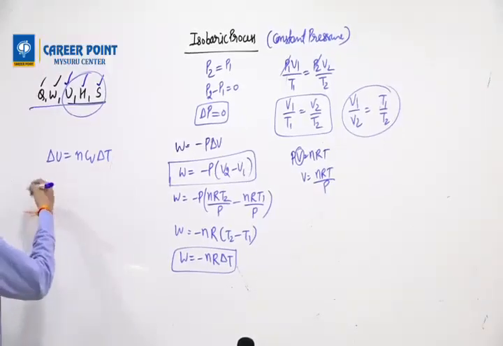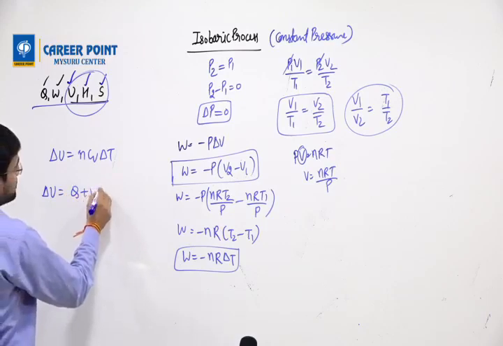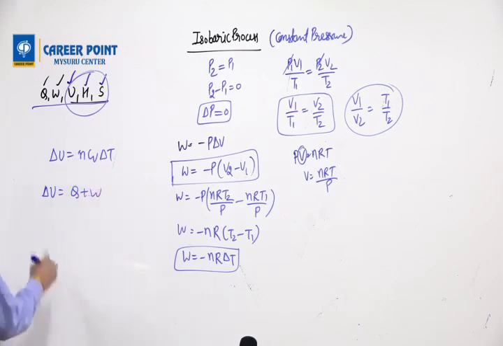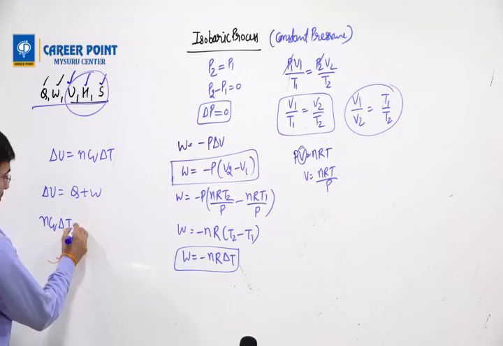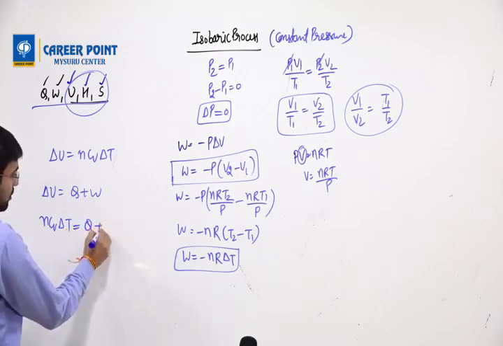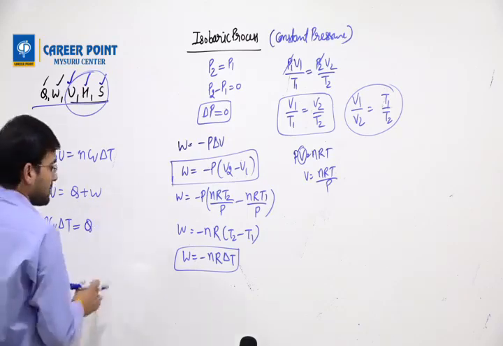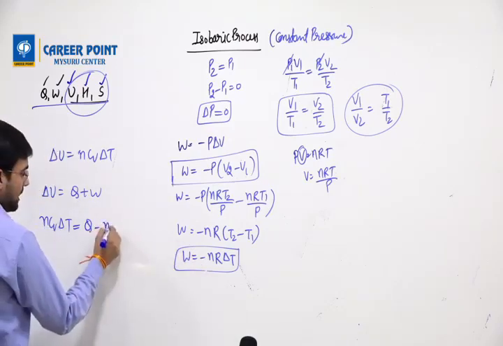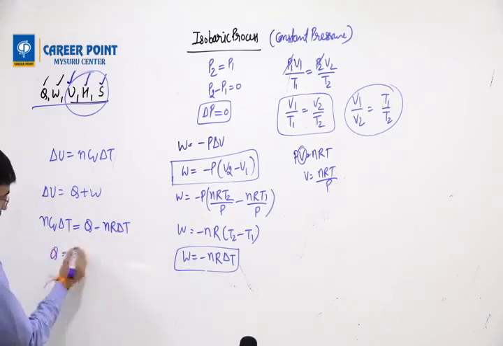So now I want to find Q. So delta U equals to Q plus W. Then delta U I write n CV delta T equals to Q plus, now instead of W I write the formula of W, minus nR delta T.